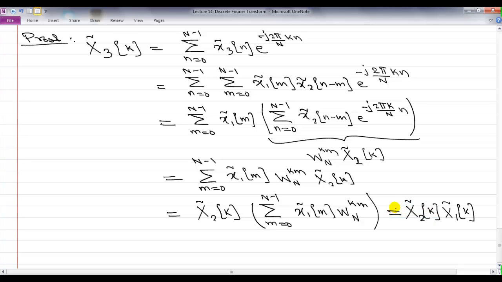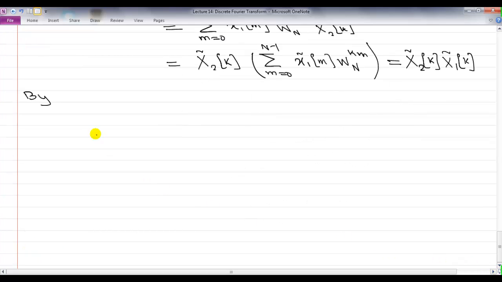So indeed, if we multiply the discrete Fourier series coefficients, that is equivalent to taking periodic convolution in the time domain. And because of the duality property that we did earlier, we can now state it the other way around too, so by duality, I can also write a result like the following.